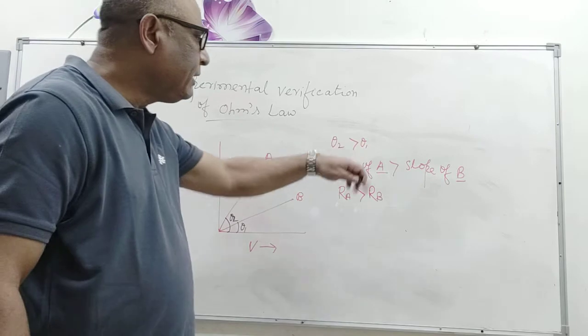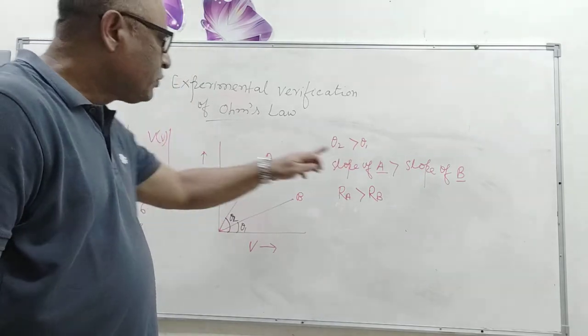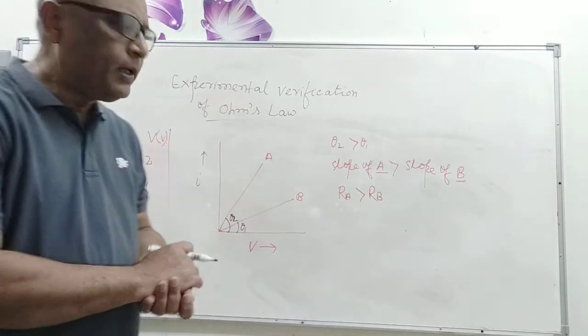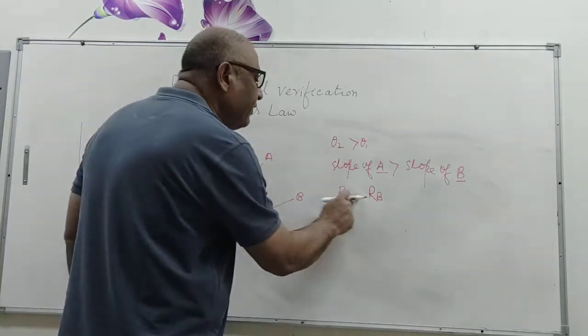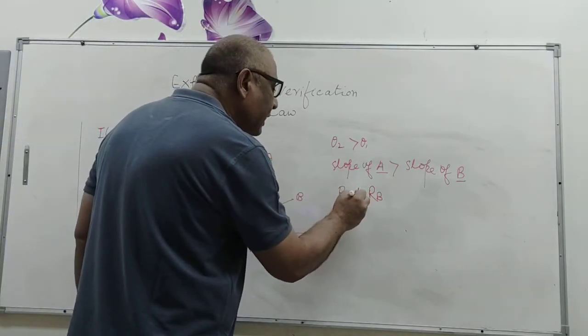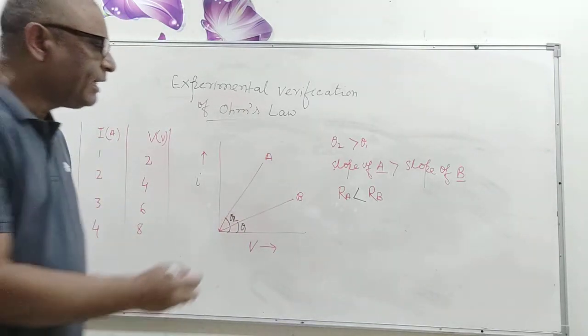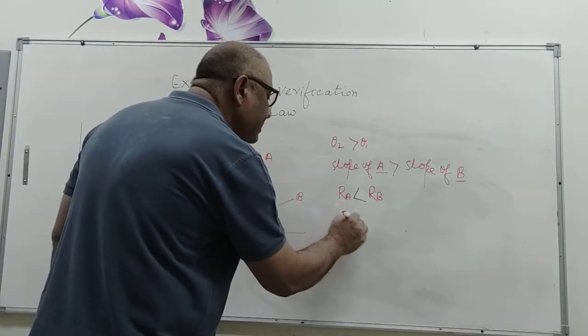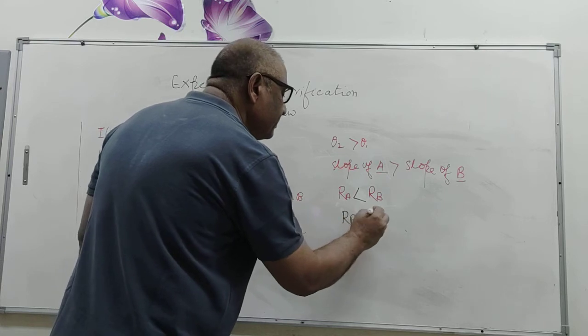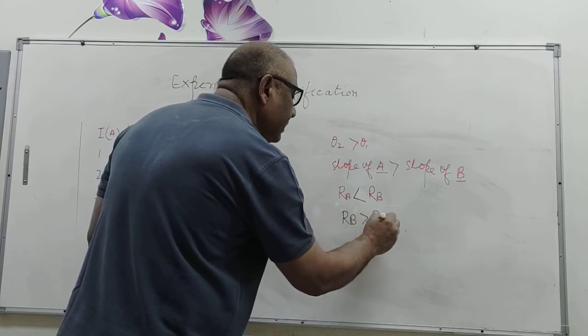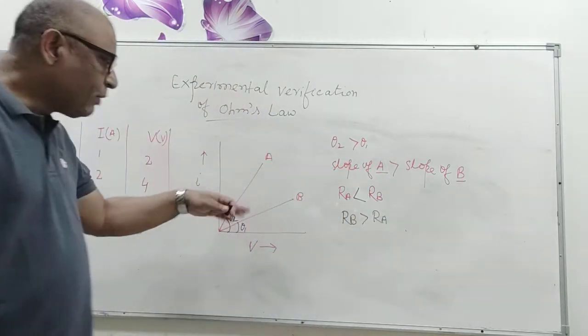Here theta 2 is greater than theta 1, slope of A is greater than slope of B, but it will become reversed: RA is less than RB. So here resistance of B is greater.